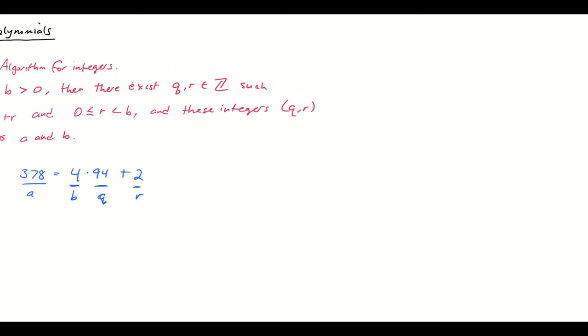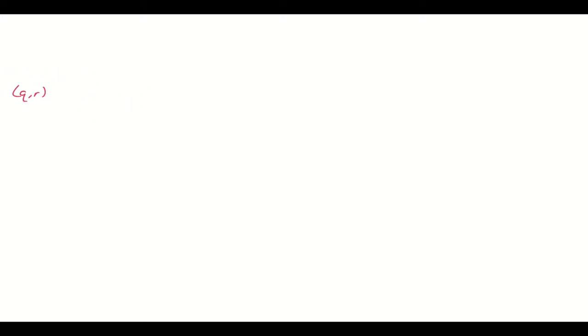Well, let's just come over here and think about it. So if I have 378, and I think, how many 4s go into 378? Well, one thing I might start by doing is I might think, are there any multiples of 4 that I can come up with that are pretty close to 378 that could be taken out?